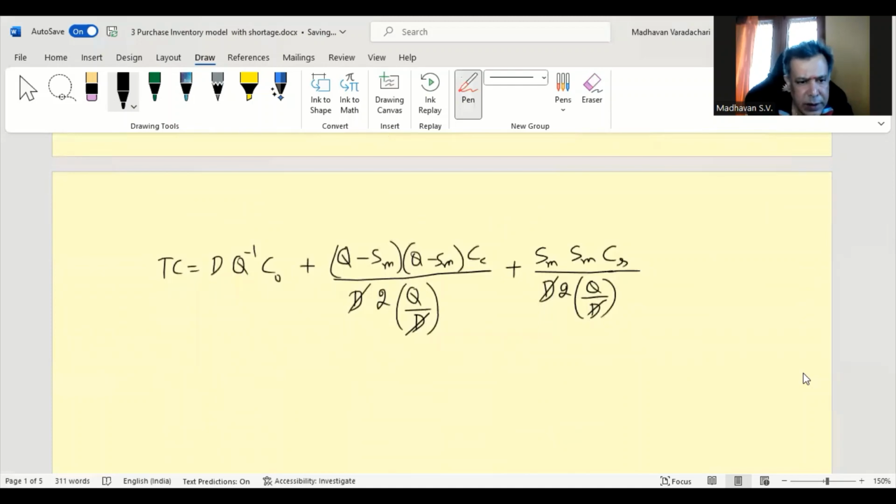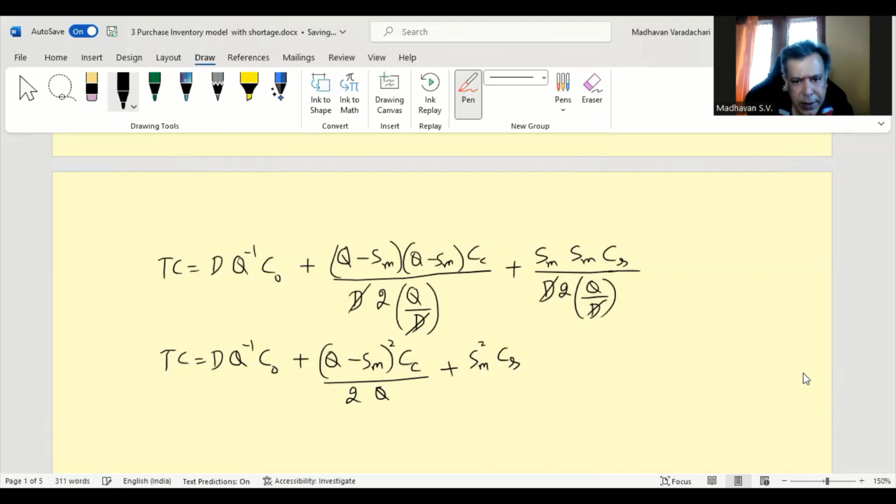So now this TC can be rewritten as D Q inverse CO plus Q minus SM the whole square times CC divided by 2 times Q plus SM square CS divided by 2Q.